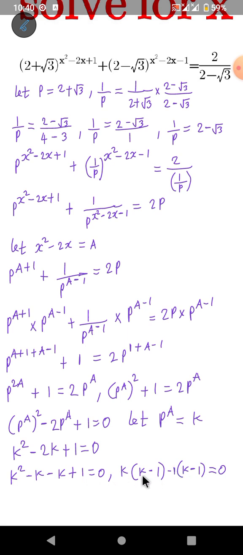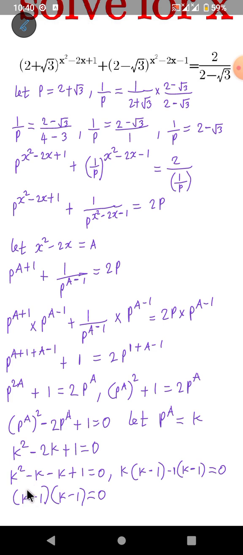Then we continue again now. From here now, I can say that k minus 1, that's this k minus 1. Then open another bracket again, k minus 1, all equal to 0. Now, if we look at our equation now, we find out that it has equal roots.